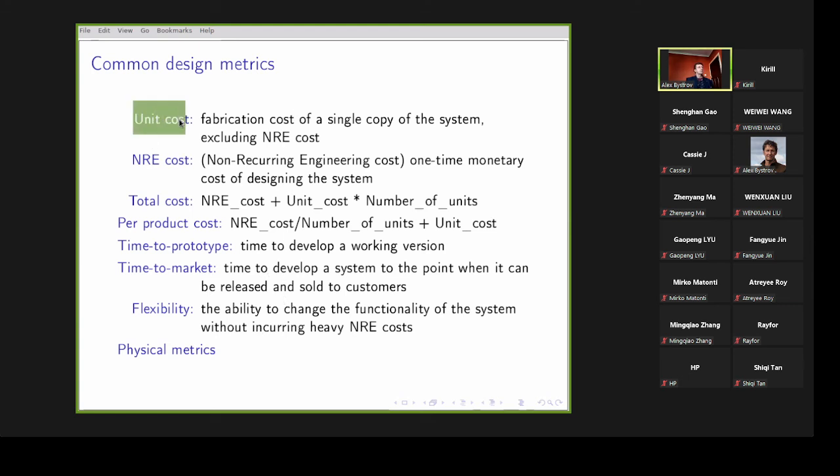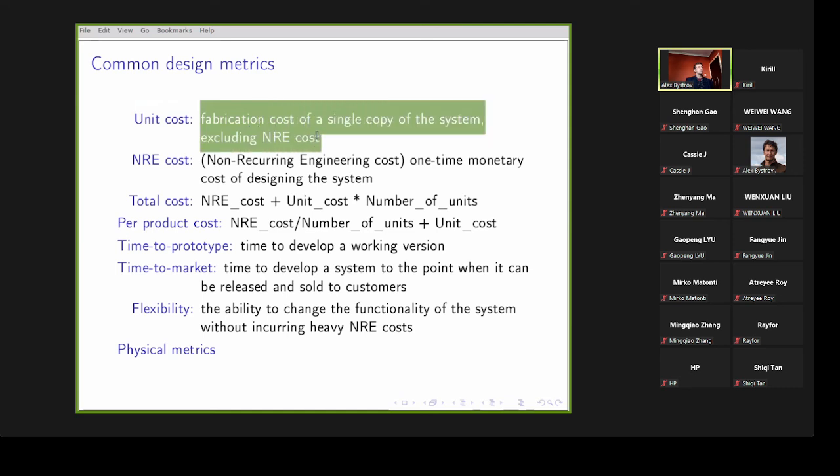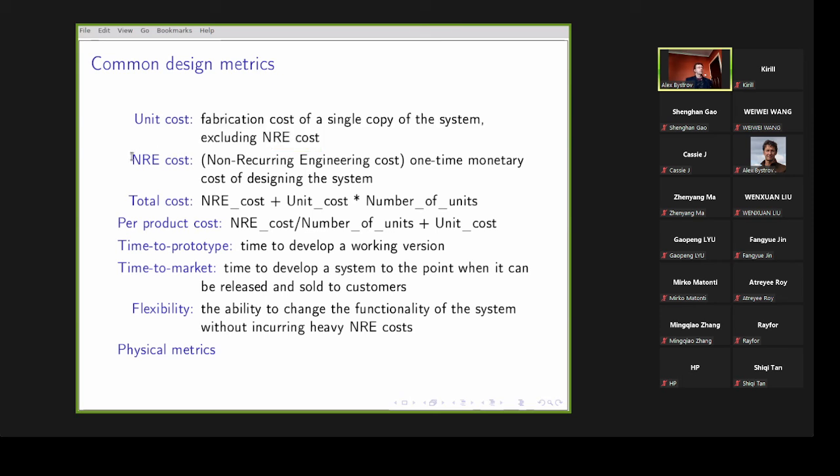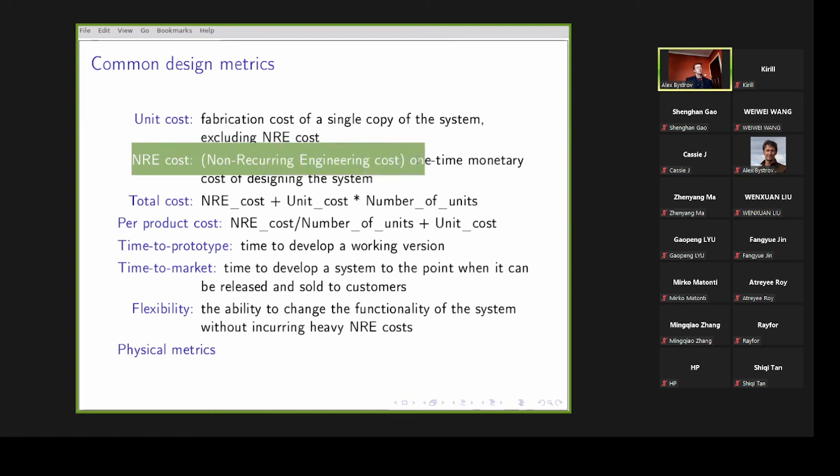Unit cost. It's the fabrication cost of a single copy of the system, excluding the NRE cost. It's defined later. So a single thing should cost something. It's a unit cost. NRE, it's non-recurring engineering cost. It's a one-time monetary investment or cost of designing the system.